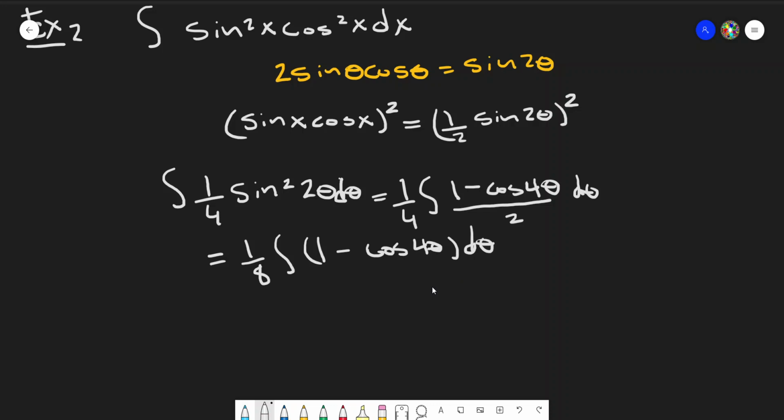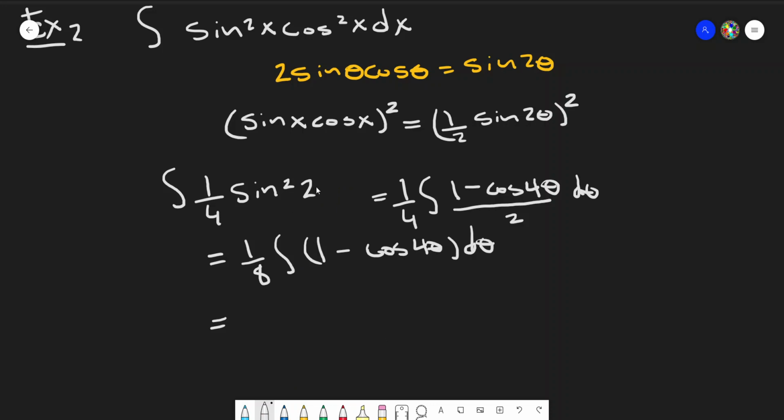So that's going to give us 1/8. Oh, I just realized I'm using thetas, but it's okay. We could change it. Let's go ahead and change theta to x, so that there's consistency.